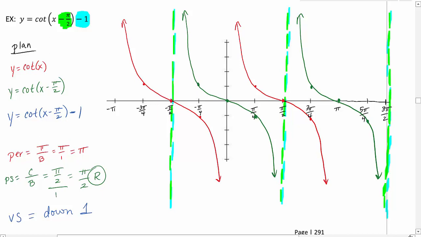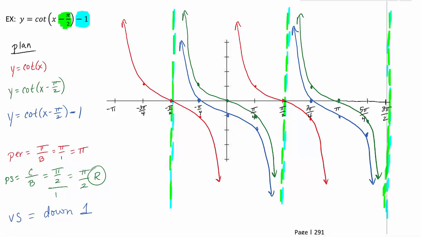But I do need to take the points on the green graph and shift them straight down 1 unit. And we'll do that for both periods. And here we have in the blue, y equals cotangent of x minus pi over 2 minus 1.